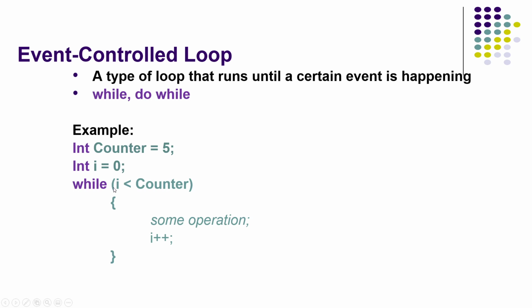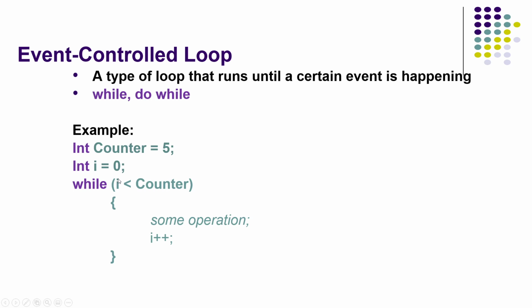Now I'm saying while the I, which is this variable, is less than the counter, do some event, do some operation, and then update my I, update my iteration, to say you ran once. The event happened once, and then it goes back and checks here again.